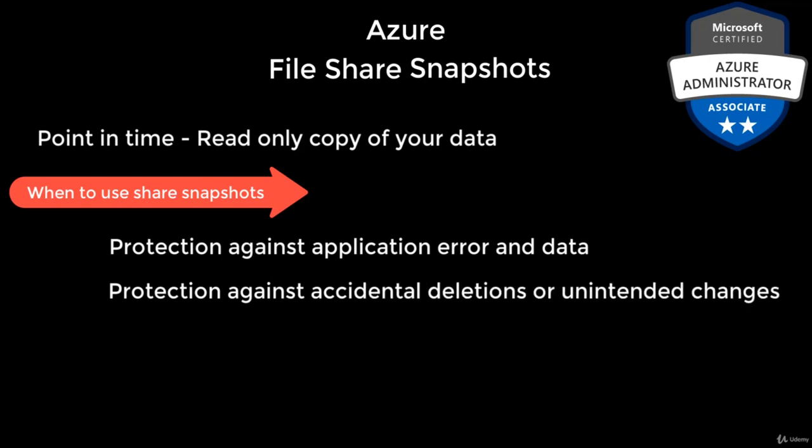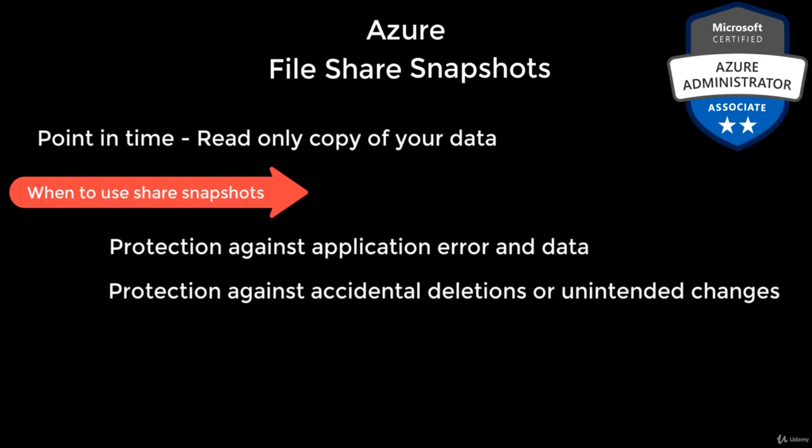Imagine that you're working on a text file in a file share. After the text file is closed, you lose the ability to undo any of your changes. In these cases, you will need an option to recover a previous version of the file. You can use share snapshots to recover previous versions of the file if it's accidentally renamed or deleted.